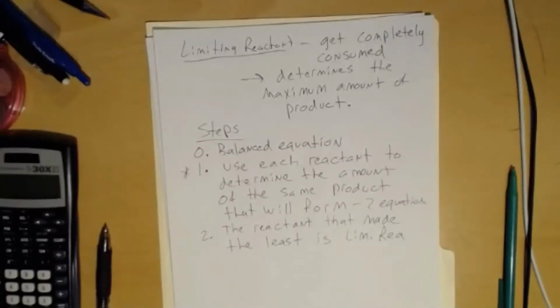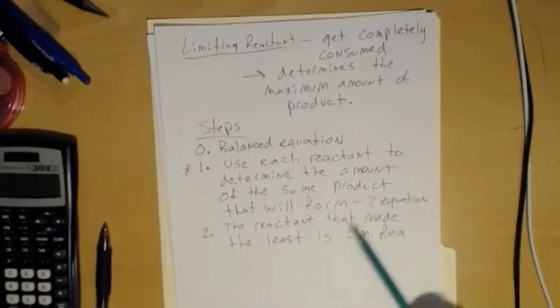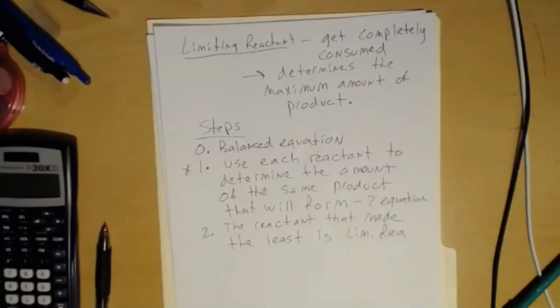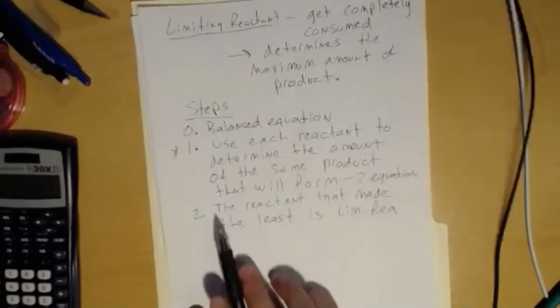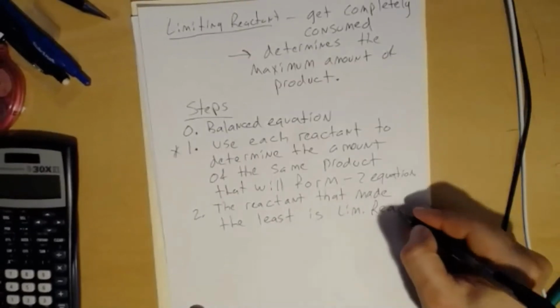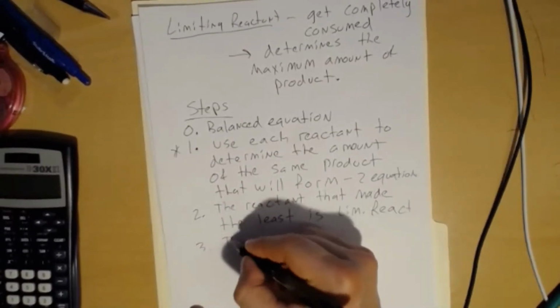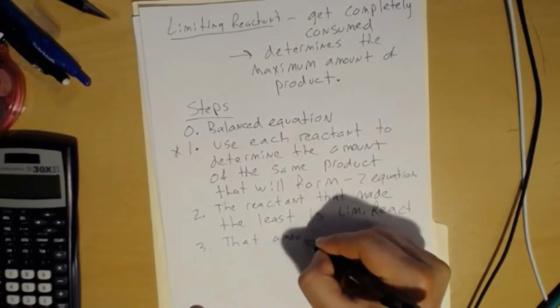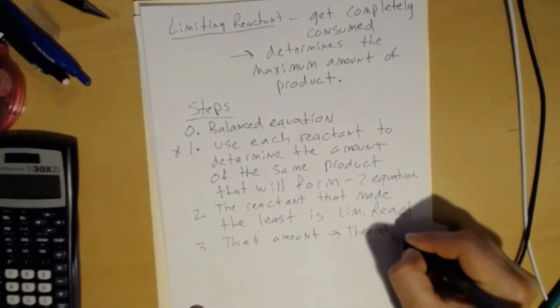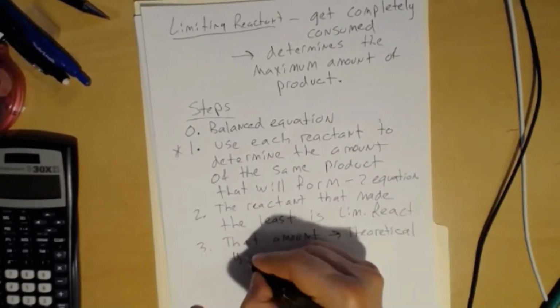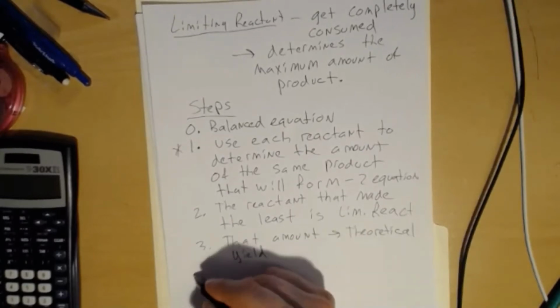So let's continue. Steps: balanced equation, use each reactant to determine the amount of the same product that will form. Once you've done the first step, the other steps are just an analysis of the calculations. From looking at the calculations, whatever one made the least is the limiting reactant. And that amount is what we call the theoretical yield.